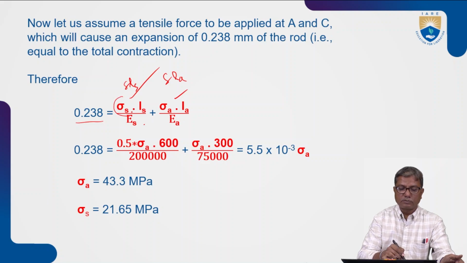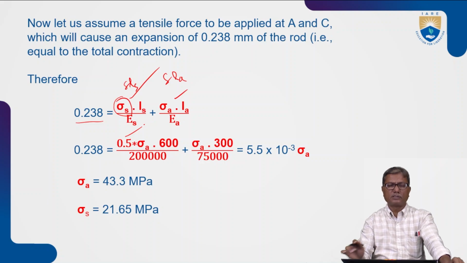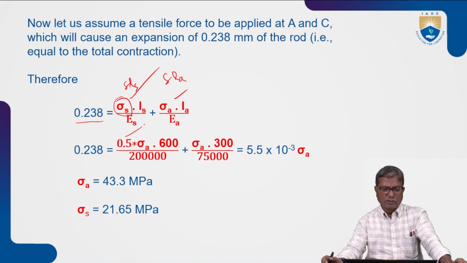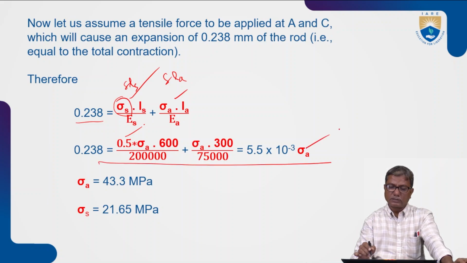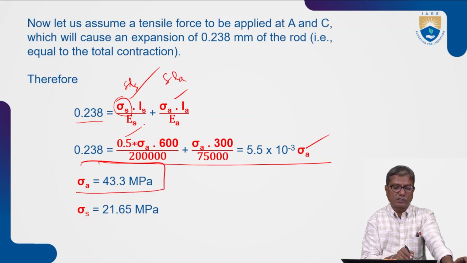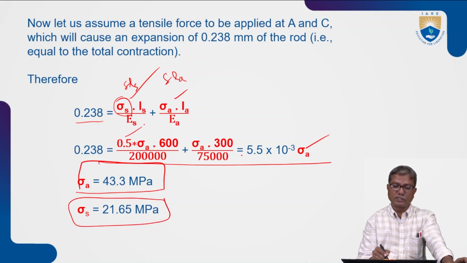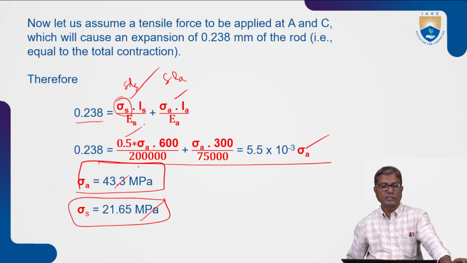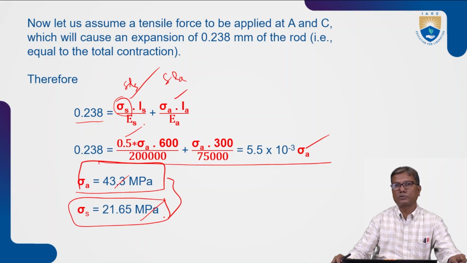Here sigma s is replaced by 0.5 sigma a, that relation we have just now obtained. So this gives sigma a. Sigma a is 43.3 megapascals and sigma s is 0.5 times sigma a, that means half of this. So these are the stresses induced in case of unyielding supports.